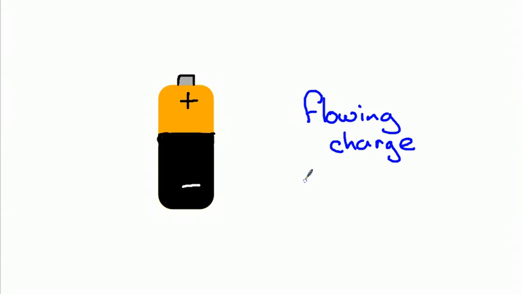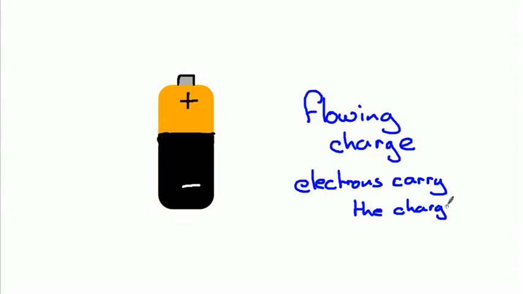The electrons carry a charge. And if we connected this battery up in some sort of circuit, we would get a flow of charge from our negative end all the way around to our positive. And I think we understand that.